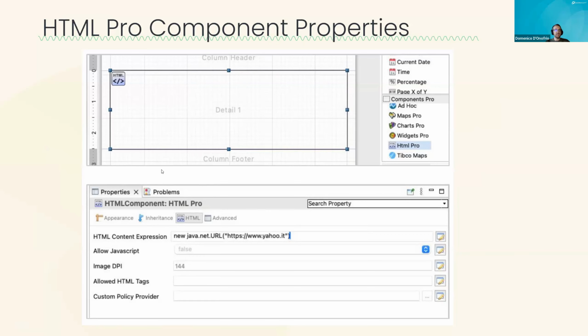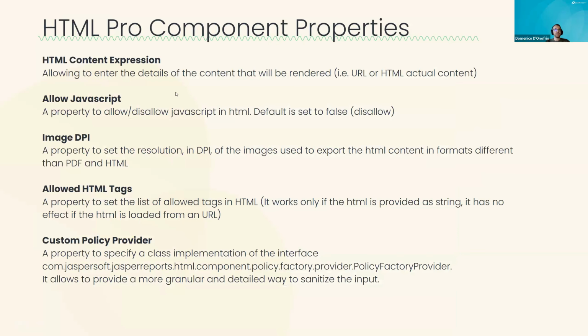The first one is the HTML content expression, which is the property needed to provide the actual HTML content, which again can also be passed in the form of a URL. There is another property, which is a switch to allow JavaScript code execution. So we have the possibility to also execute some JavaScript in the HTML code. We will see an example in detail after.